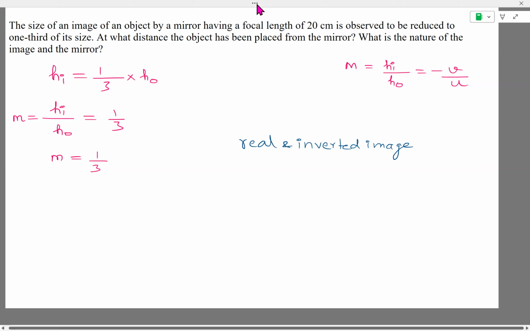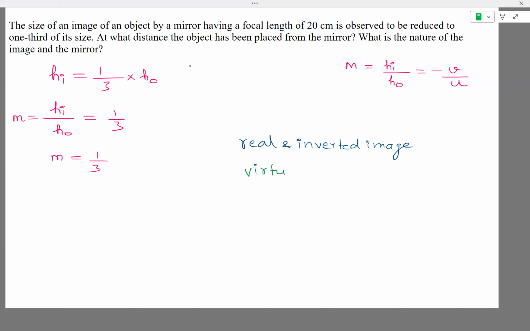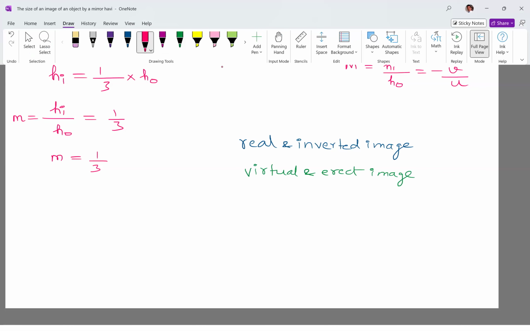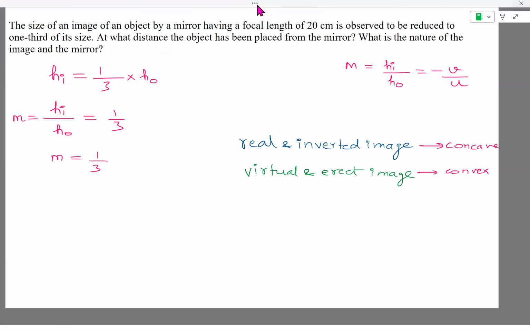And then you can have a virtual erect and diminished image as well. This can also be diminished, but the cases are different. This one you'll get in the case of concave only, and this you'll get only in convex. Only if you're very clear with the ray diagrams can you understand all this.